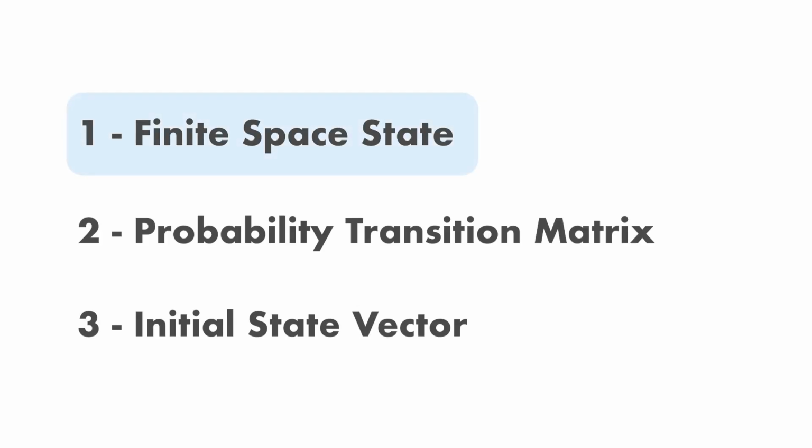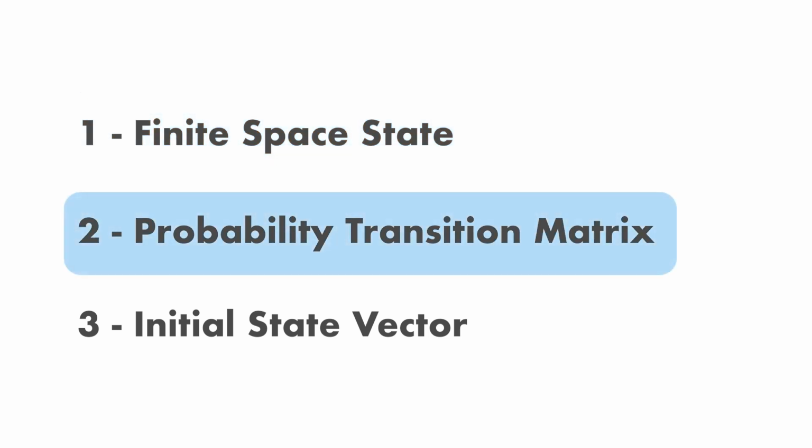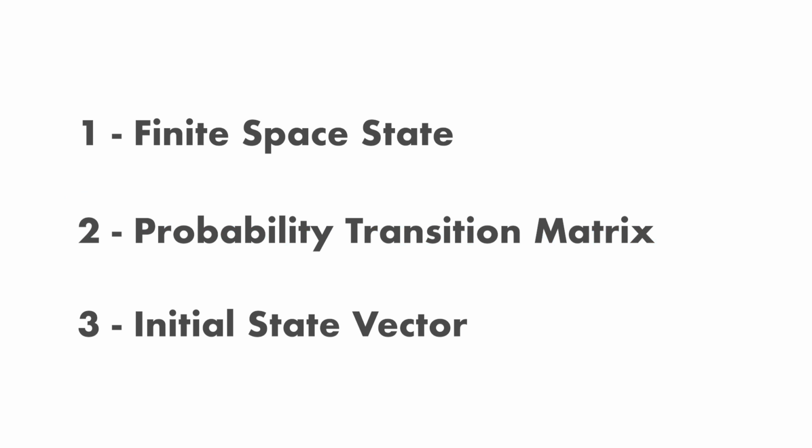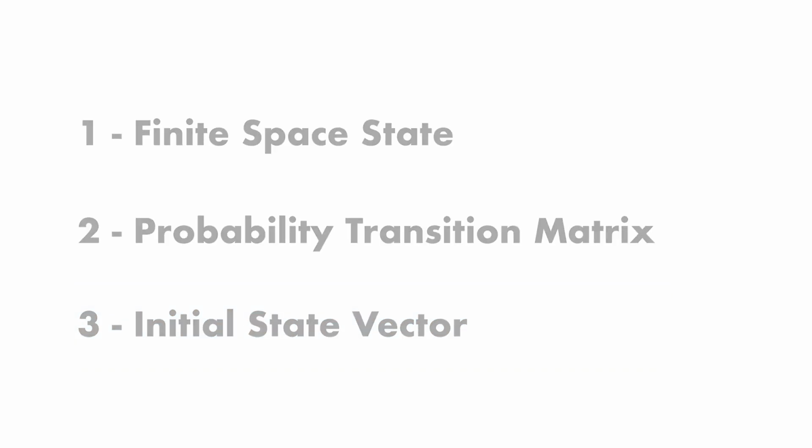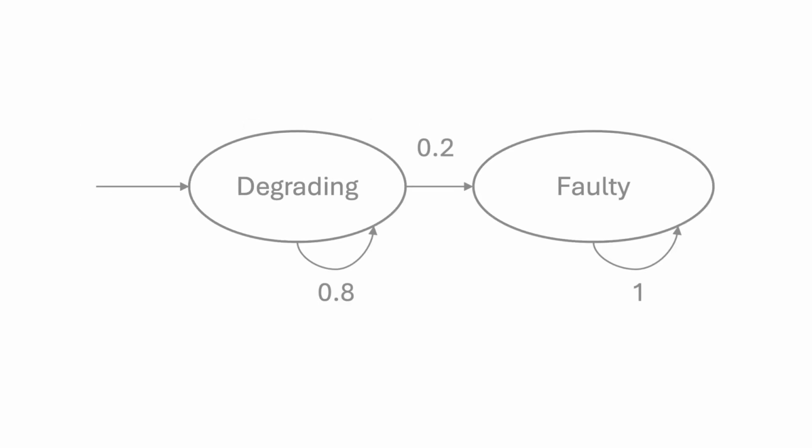When you have a Markov chain, you have 3 concepts that define the Markov chain: the finite state space, the probability transition matrix, or just transition matrix, and the initial state vector. So I will give an example of a system in maintenance that was in 2 states, degrading and faulty.